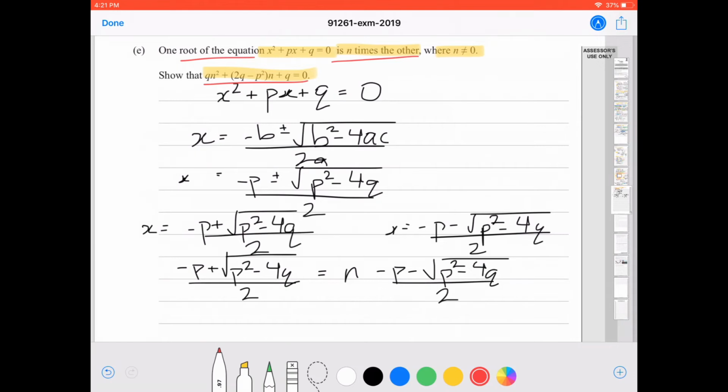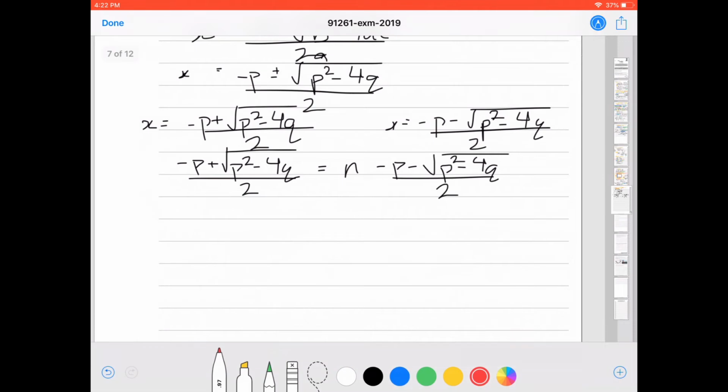So we're just going to be doing some rearranging here. And I forgot these brackets as well. These are inside brackets. The first thing we can do is cancel our 2's. So they're both being divided, means they cancel. And we're left with, let's say, minus p plus the square root of p squared minus 4q.